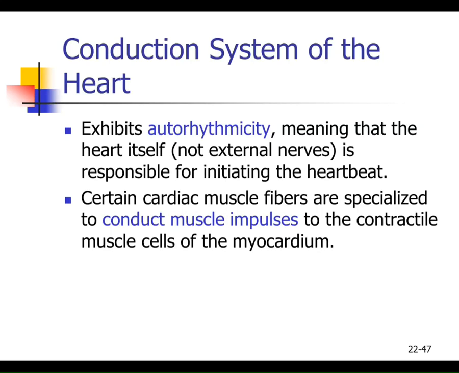And the reason is the heart is autorhythmic. It sets its own pace by an area of the heart called the pacemaker. And we'll dive into this next semester. All I want you to know right now is that you can separate the heart from the brain and the heart will keep on beating. There are no external nerves coming into the heart that tell it to beat. Now, there are signals coming into the heart that influence the heart rate.